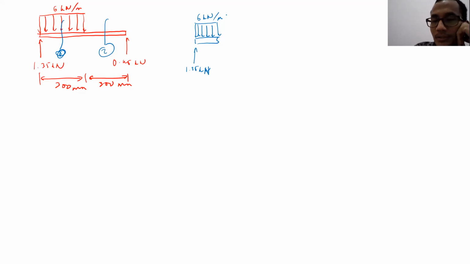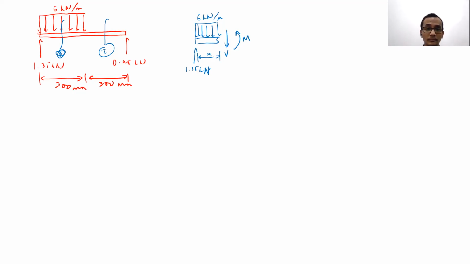I will not draw the normal force because there will be no normal force. So I will only concentrate on the shear force, V, and the moment. Okay, that's the positive direction, right? Based on our previous discussion. So now we can try to calculate that. If the distance here is x, right?